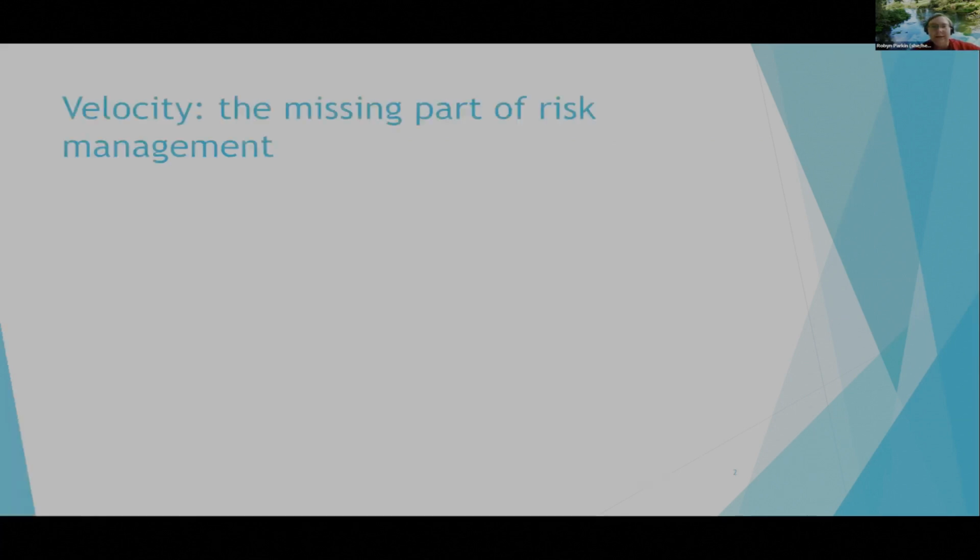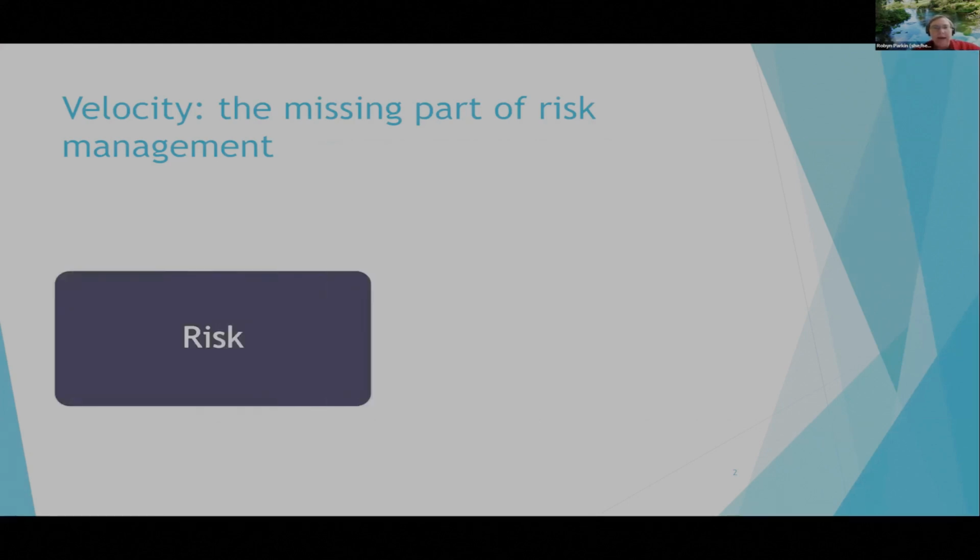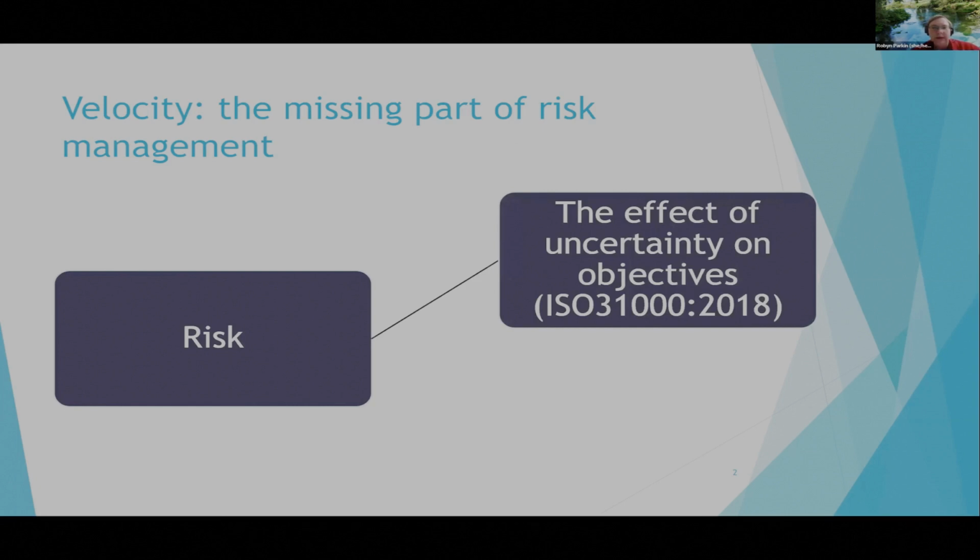So, risk velocity, it's the missing part of risk management. We have many definitions of risk in the literature. Two of the major definitions come from international standards. ISO 31000 defines risk as the effect of uncertainty on objectives, which means that a risk is about identifying what our objectives are and where uncertainties exist that relate to those situations.